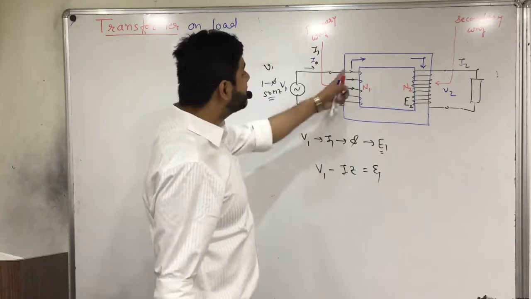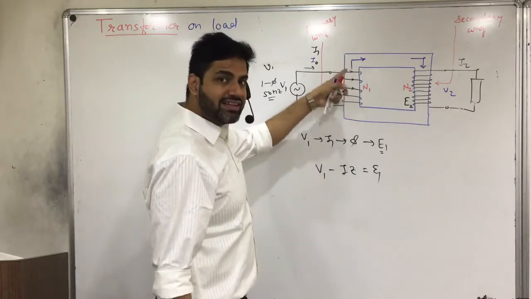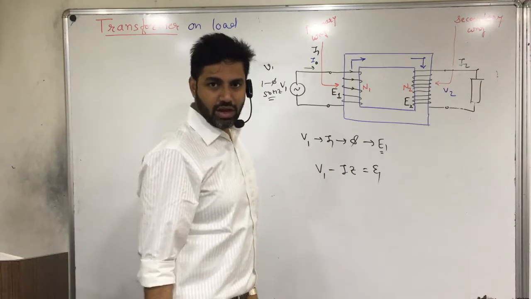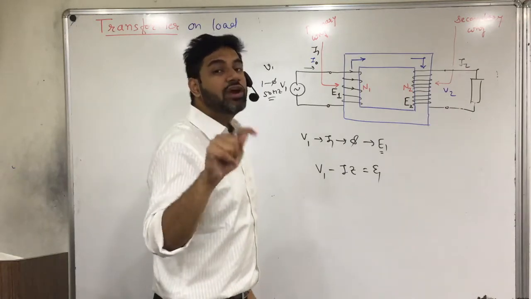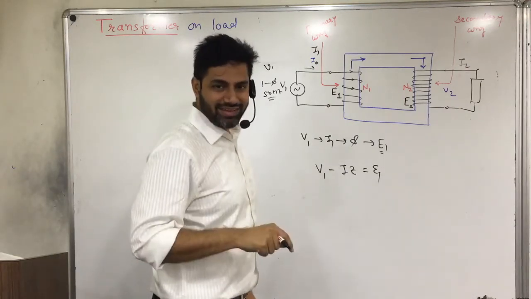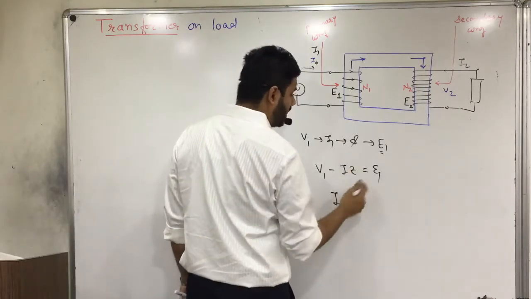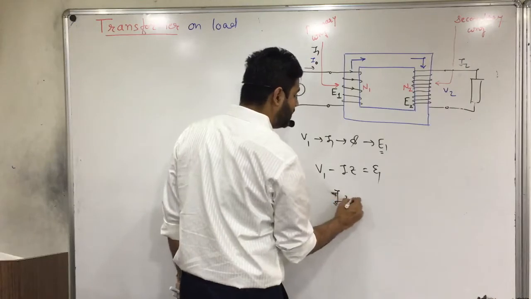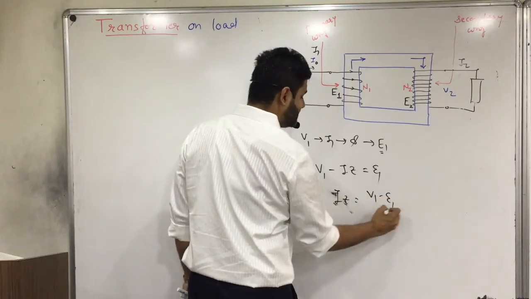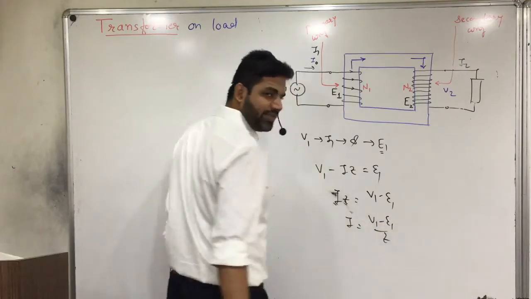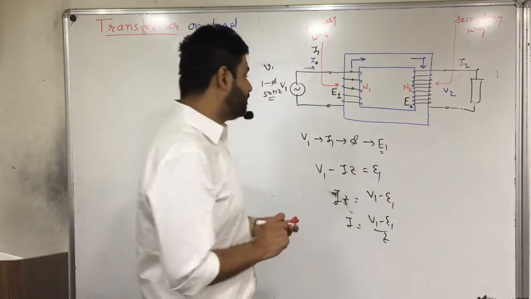But if I consider there is no Z, then we have V1 equal to E1. Fine. But V1 and E1, they do exist. Is it clear? Fine. So we can say that IZ is equal to V1 minus E1, so I is equal to V1 minus E1 divided by Z. Fine. Is it clear? Okay.